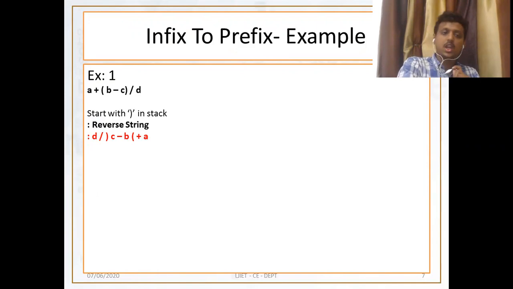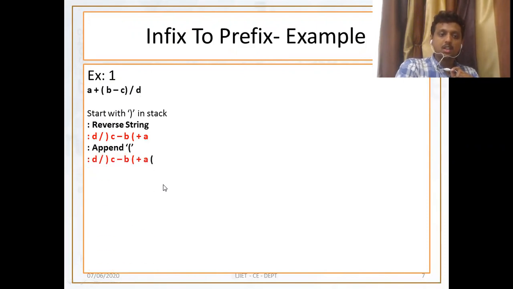I'm just reversing the string: d, then division, then closing bracket, then c minus b, opening bracket, plus a. Then append the opening bracket.